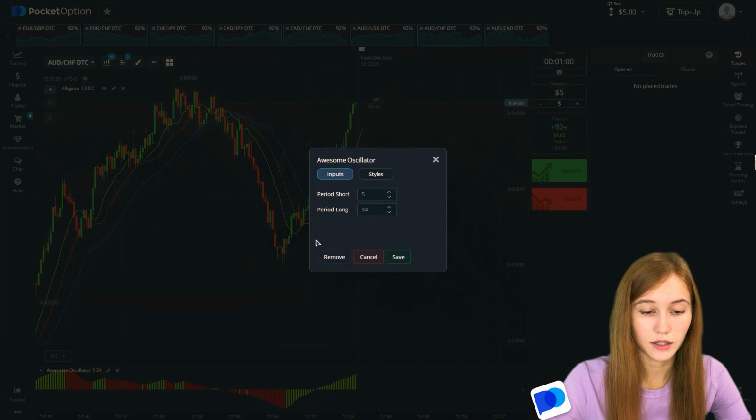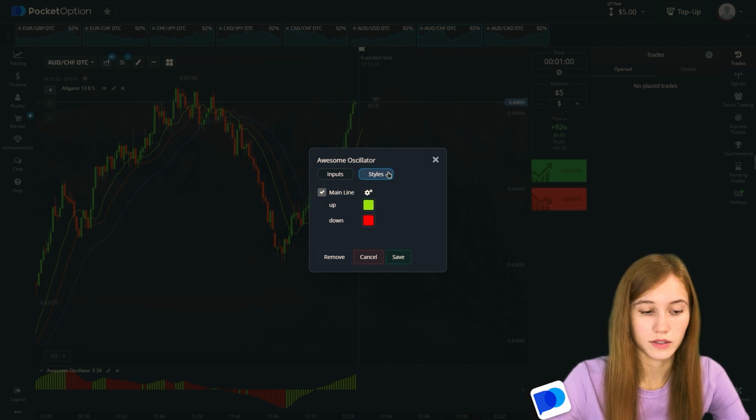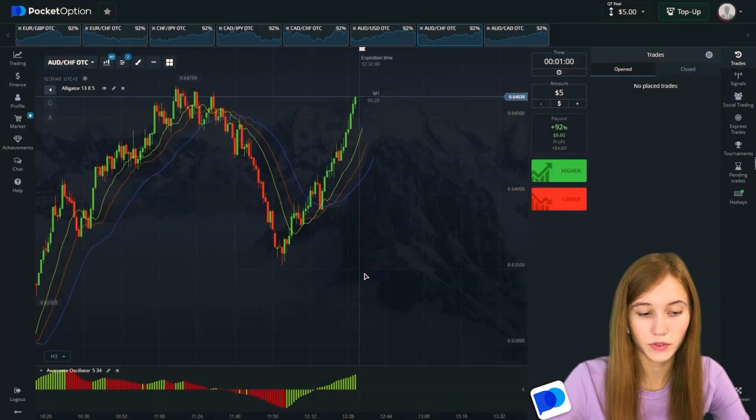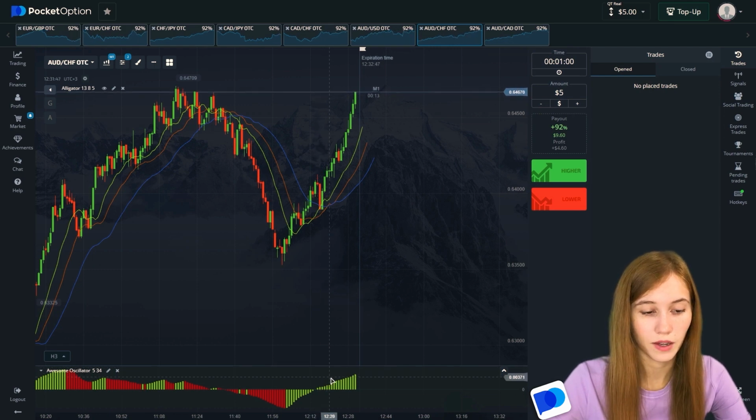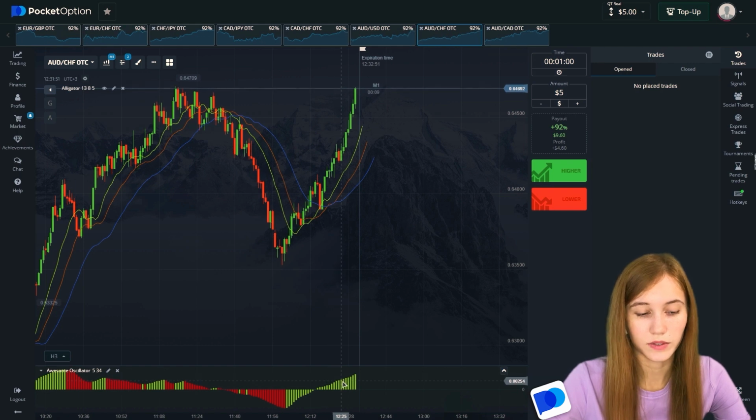And the second indicator, the oscillator, is located at the bottom of the screen. Here are its settings. I won't show them for long. This indicator mirrors the mood of our market and shows what the market is like at the moment. Thanks to it, you can determine whether the market is bullish or bearish.